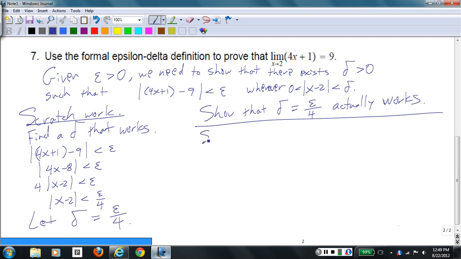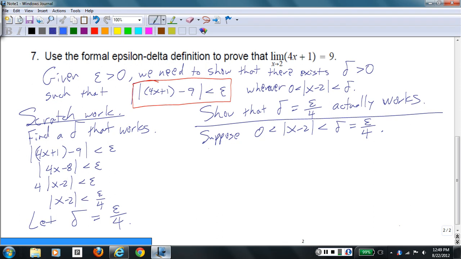So suppose 0 is less than the absolute value of x minus 2, and that's less than delta, which we are going to let equal epsilon over 4. Suppose that's true. We're supposing that, but we've got to show this. Once we show that, that's the punchline. We're done. So here goes.